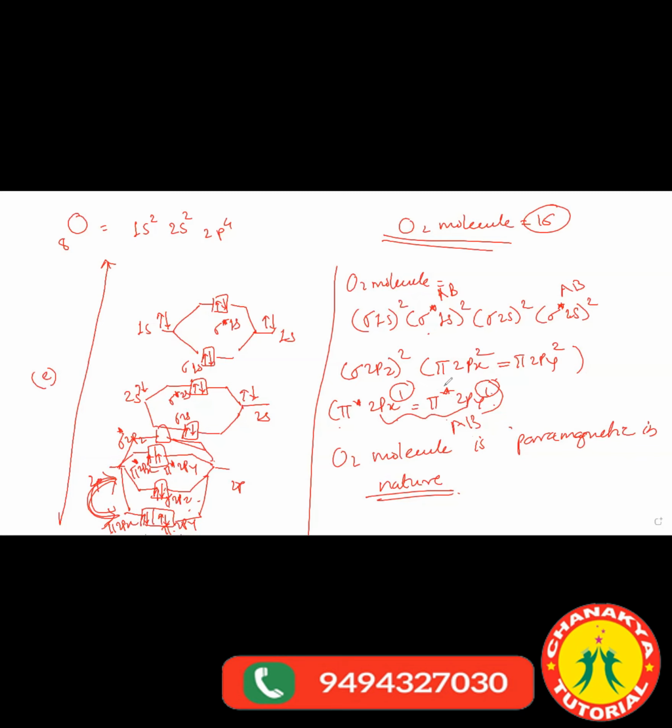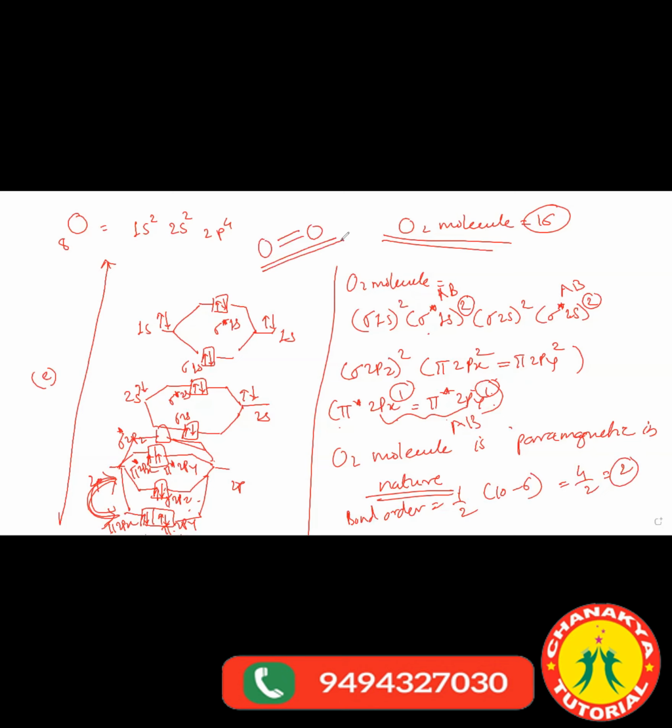Anti-bonding, yes, 2, and this 4, 6 electrons, right? And bonding would be 10. So because of that, bond order is equal to 1/2 of 10 minus 6. You can check. These are 2 electrons, these are 2 electrons, and these are 2, meaning 6 electrons. Then the rest are 10. So 10 minus 6, and hence 4 by 2 is equal to 2. So the oxygen molecule is formed by an oxygen-oxygen double bond.